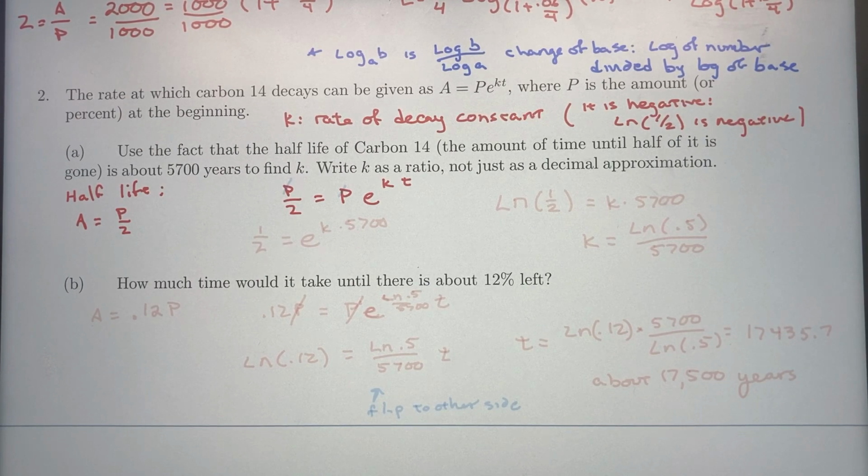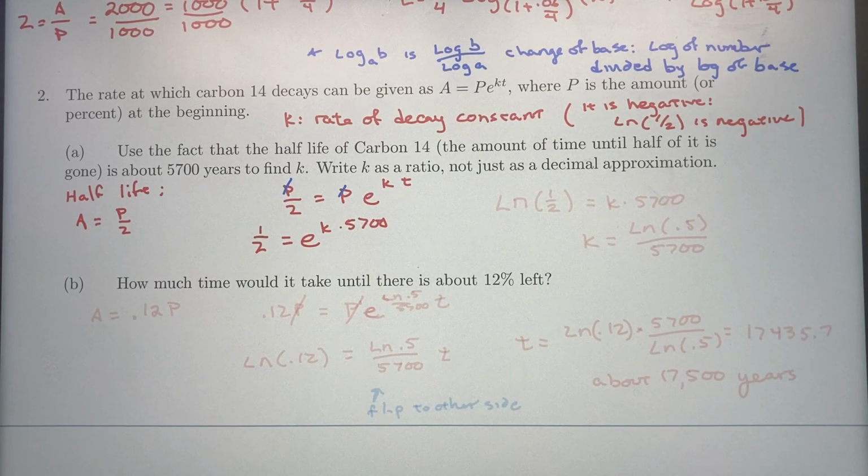You have exponential growth if your rate of change constant is positive, and you have decay if your rate of change constant is negative. Remember, ln 1 is 0, ln of 0.5 is negative. Okay, first thing we do, we cancel the P's, and then we're left with, I have a number for t here, 5,700 years-ish.